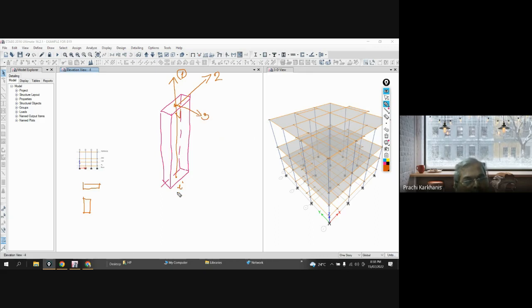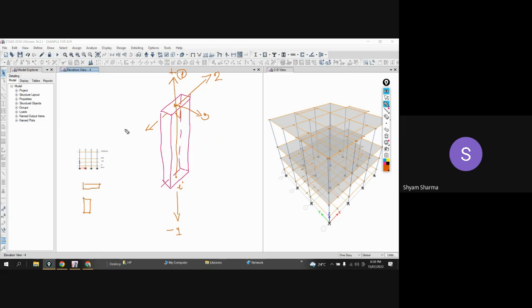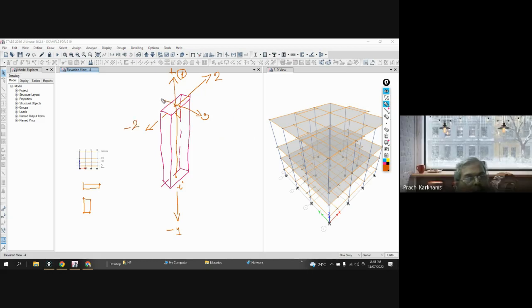Similarly, I will say that this is my +1. This is my -1, or you may say this is my -2, 2 and this is my -3. Or you may say 3 axis, 2 axis, 1 axis.